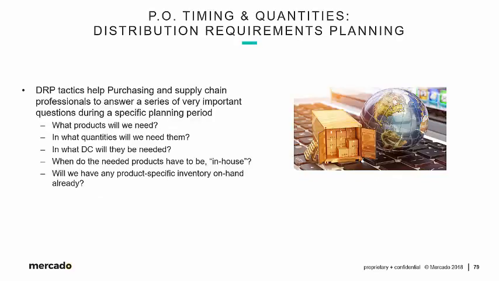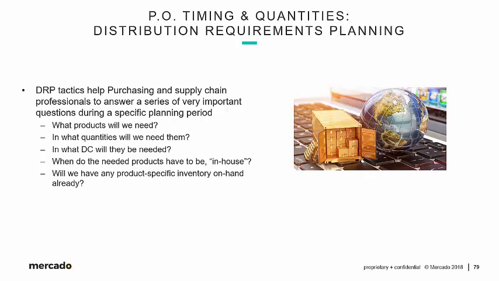Last slide in this section. PO timing and quantities. Using DRP as not the only tool, but certainly an important tool in making those timing and quantity determinations. DRP tactics help purchasing, because that's the whole theme here. How can DRP help purchasing and supply chain professionals to answer a series of very important questions during a specific planning period?